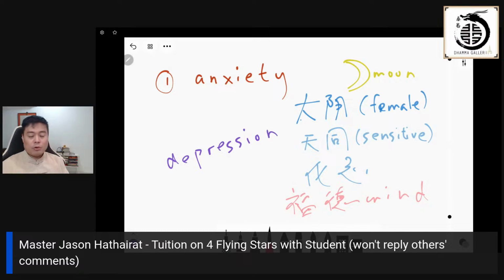In terms of 紫微斗数 interpretation, it's very much like a chemical reaction. If you put H2O, 2 hydrogen and 1 oxygen, you will have water. A very simple analogy. So you have 太阴 and 天同 paired with 化忌 within your mind karmic domain, then you'll be prone to experience depression in life.